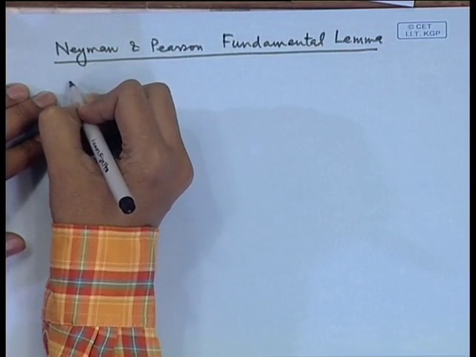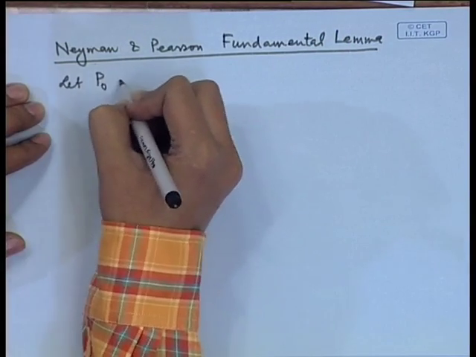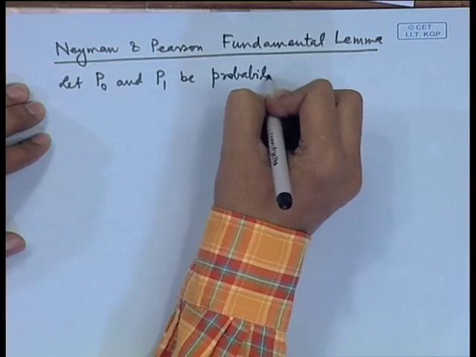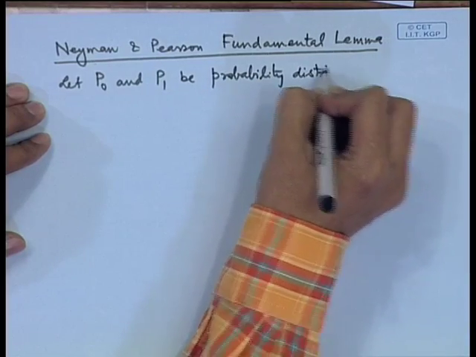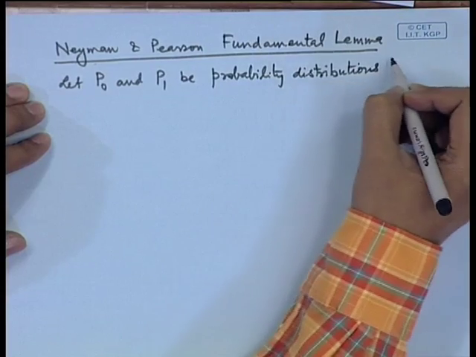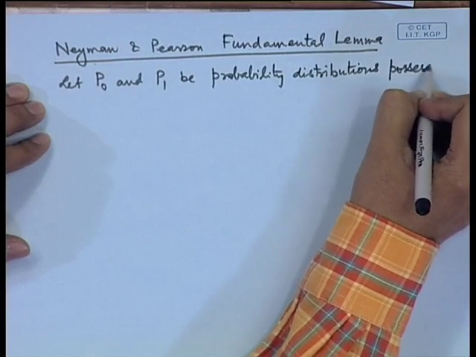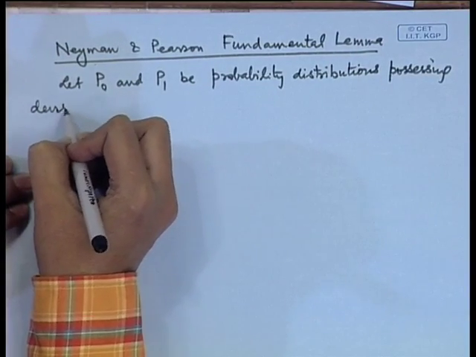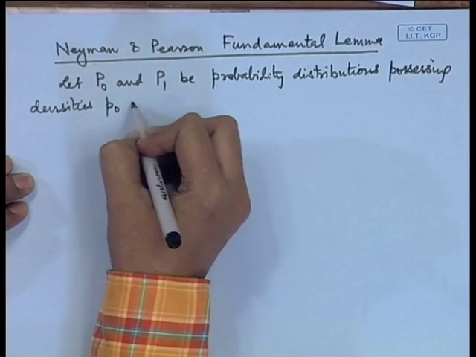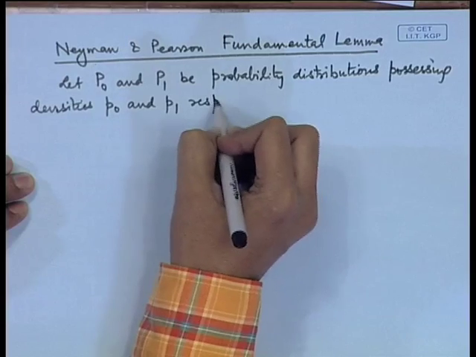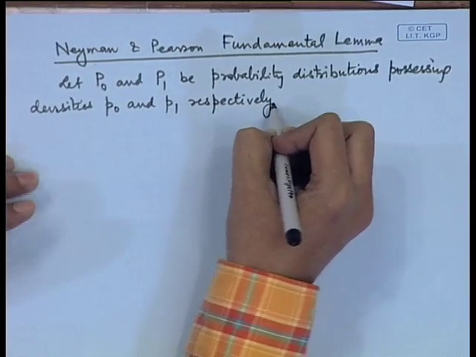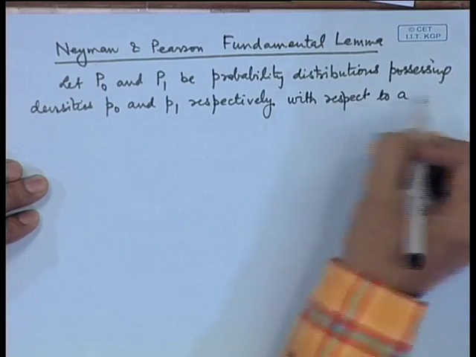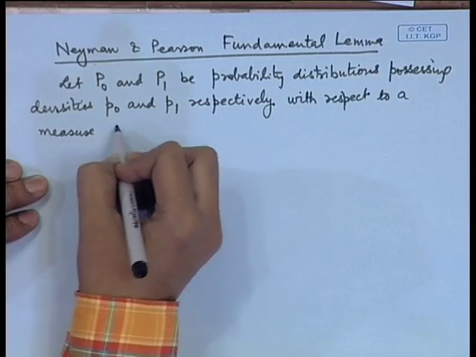So, the theorem is as follows: let P0 and P1 be probability distributions possessing densities p0 and p1 respectively with respect to a measure mu.